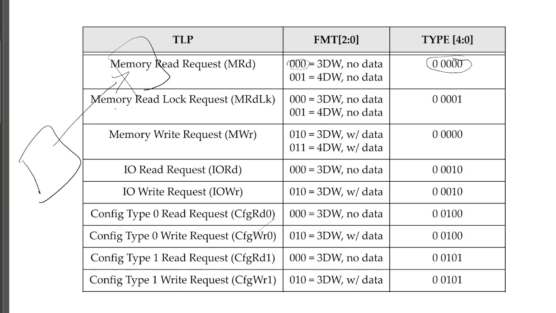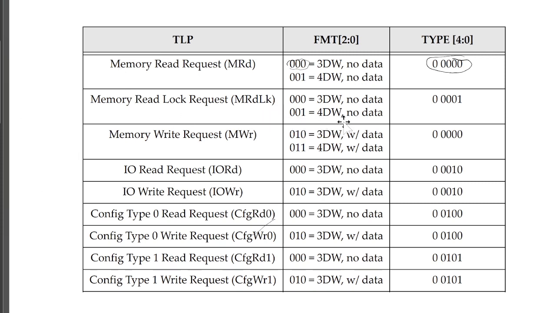Whenever you are sending, that link should be locked, so it should not get any interrupt. Whenever you are sending a lock transaction, it's kind of important data you are sending over that link, so it needs to be completed first. Only when the data is complete is it going to be unlocked. So this is useful for locking transactions.